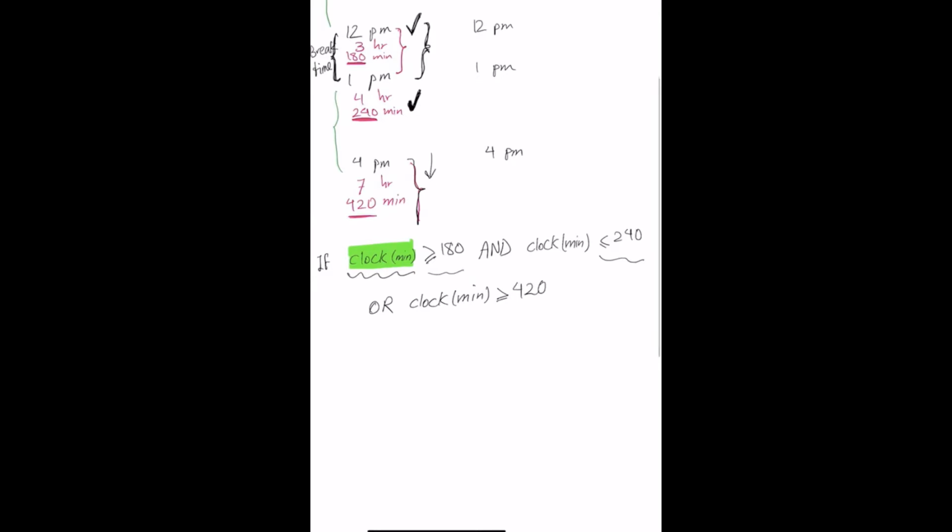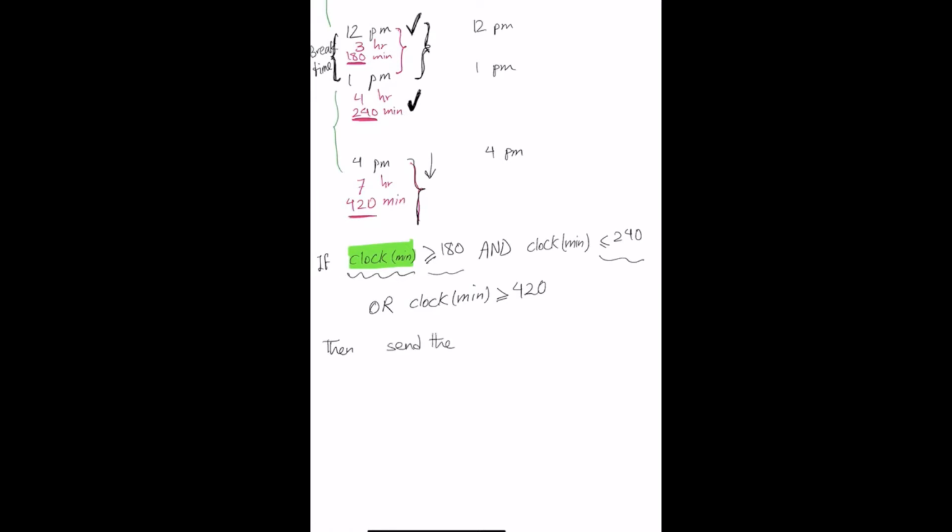Also, I do not want to let any customers come in if it's past 4 p.m. So if this condition holds, or if simulation time is greater than or equal to 420, then send the customer to exit.